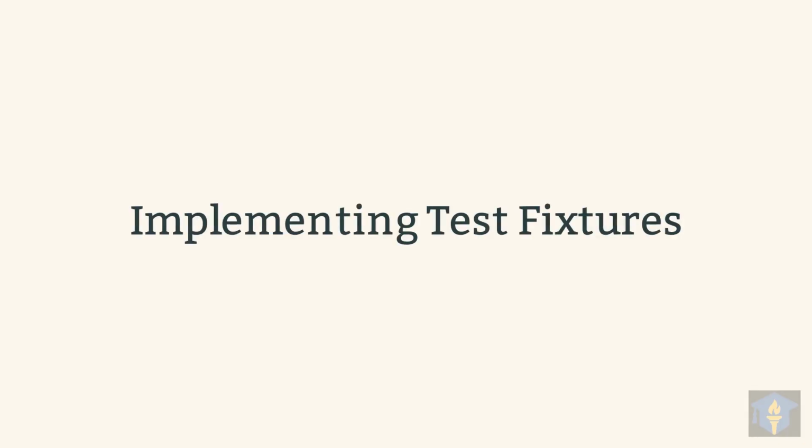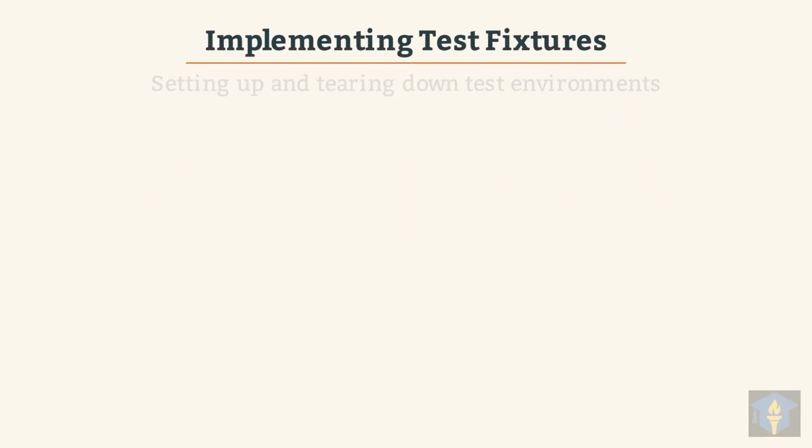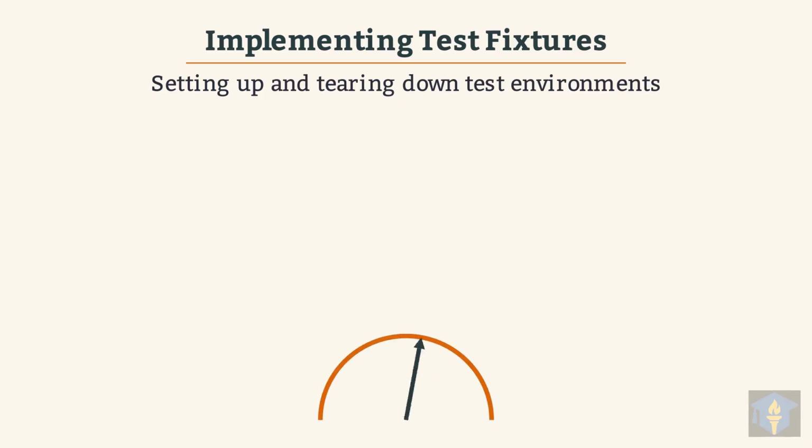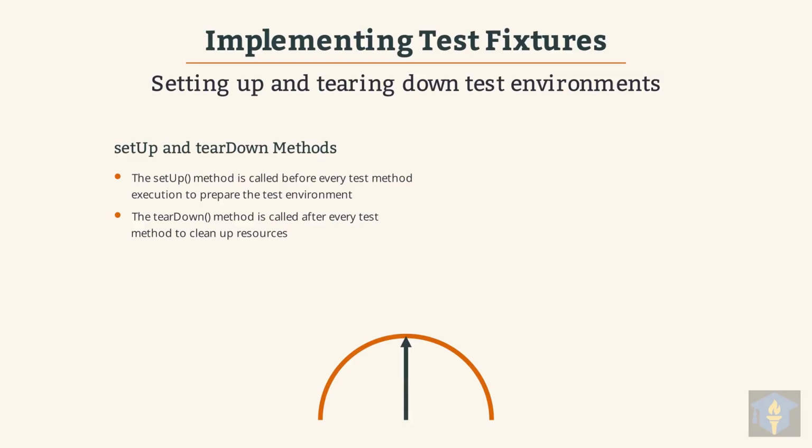Let's dive into implementing test fixtures, a crucial concept for managing your test environments effectively. This involves the important process of setting up necessary conditions before tests and cleaning up resources afterward. We will explore the setUp and tearDown methods, which are fundamental for managing test fixtures in Python's unittest framework.